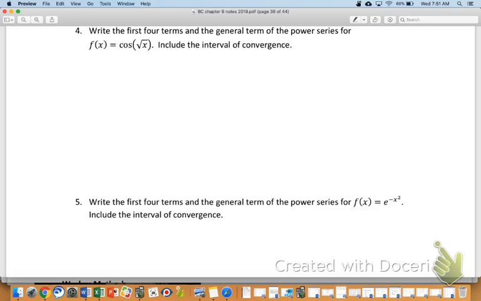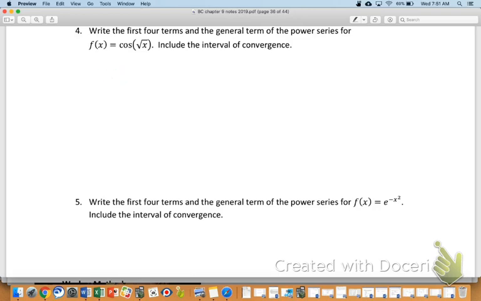Given the stuff that I'm supposed to know, that would be a great strategy. So maybe we could write f of x equals, and then wherever you see an x, we would substitute a root x. So this comes down to, I think you're all really good at substituting, but it really comes down to, do you remember the power series for cosine of x? Maybe you want to write that down.